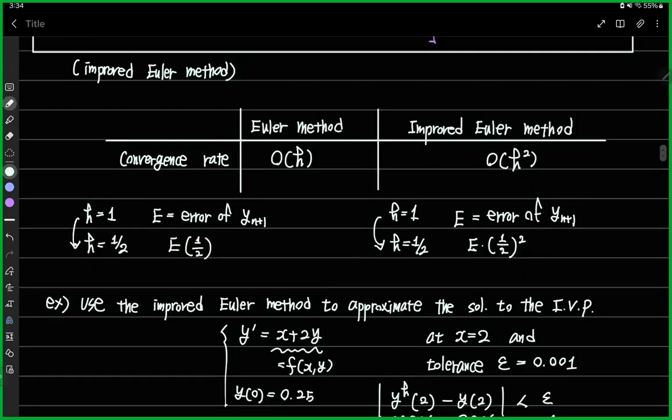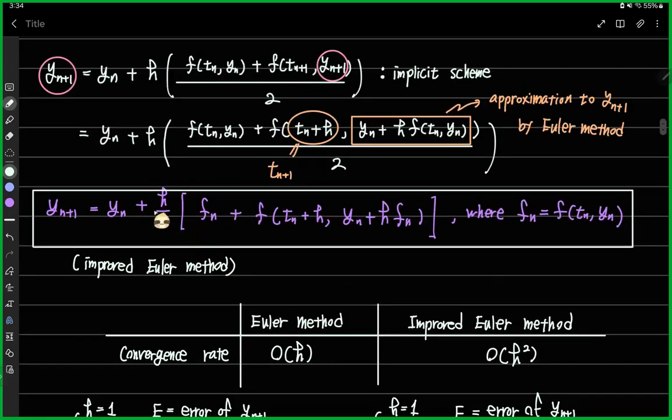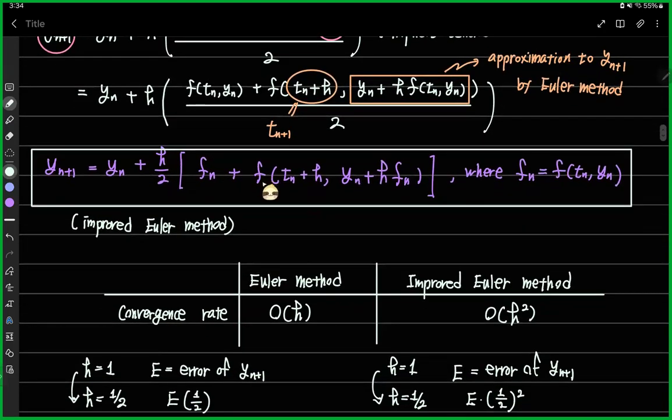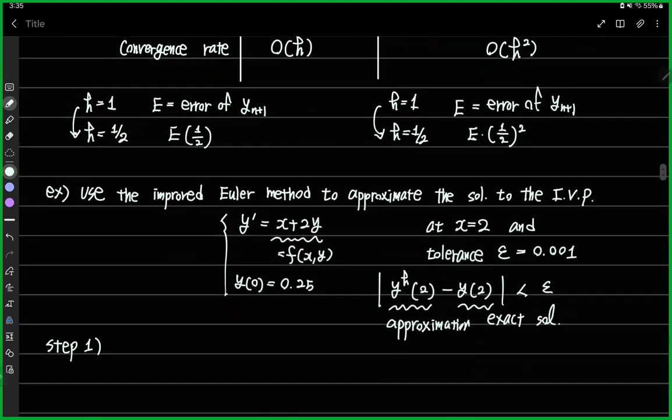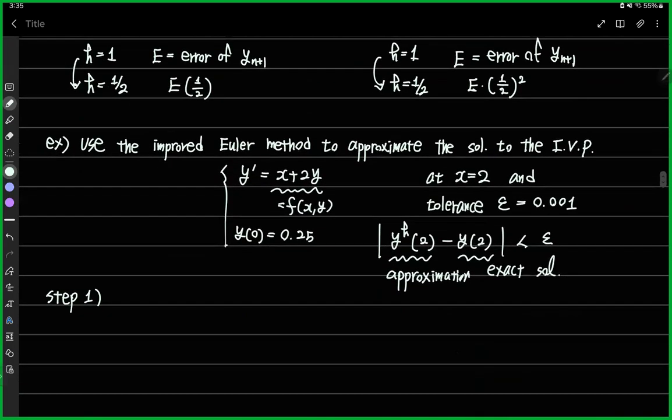We need to find the formula. What is that? We need to figure out the right-hand side of the improved Euler method formula. Because we know f, we can figure this out. First of all, we need to partition the interval from 0 to 2.